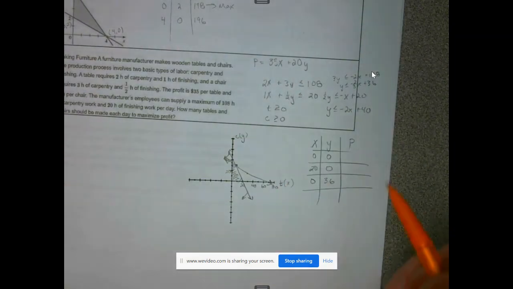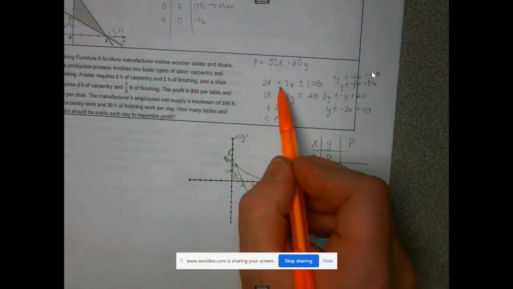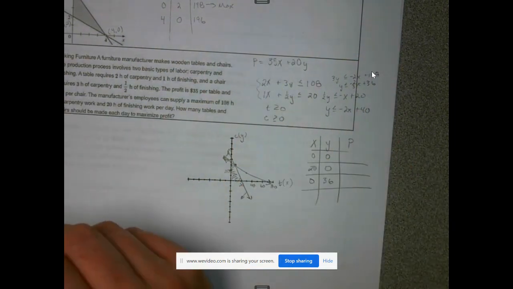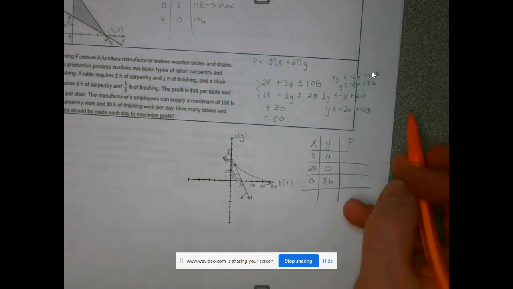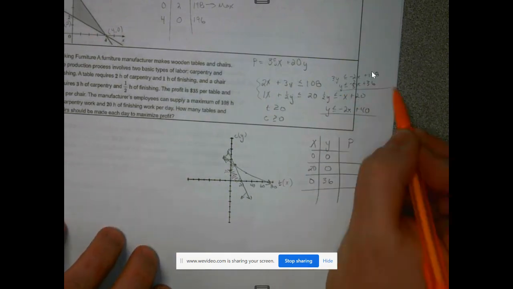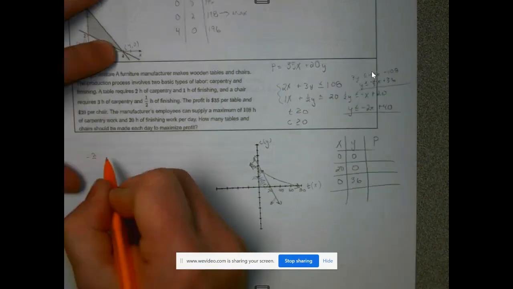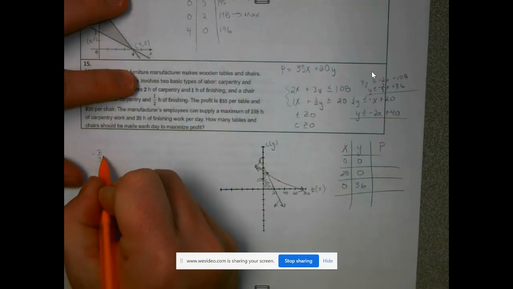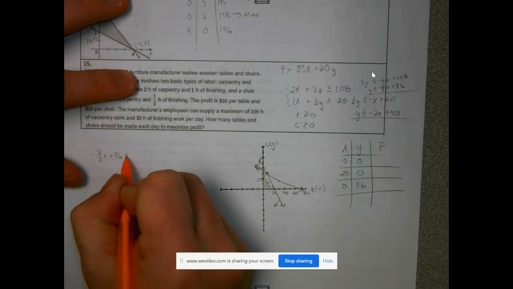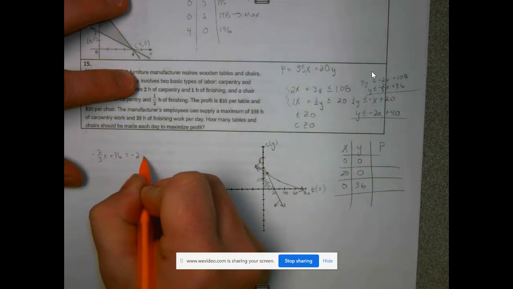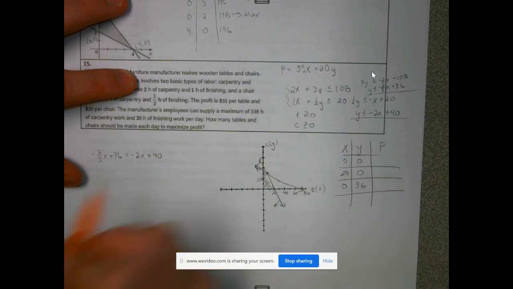Okay, in order to find it, I need to solve the system of those two equations. Well, I have them both in y equals form, so I can set them equal to each other. So negative 2/3 x plus 36 equals negative 2x plus 40.